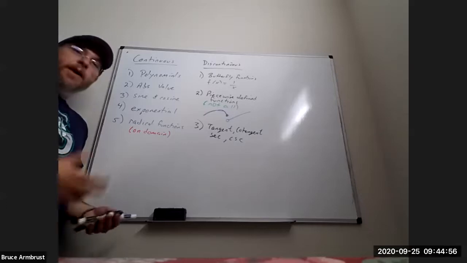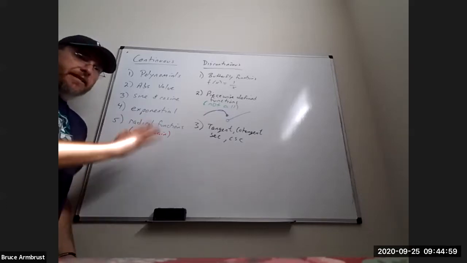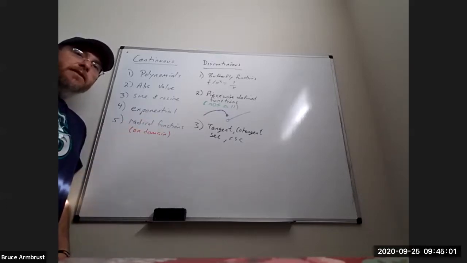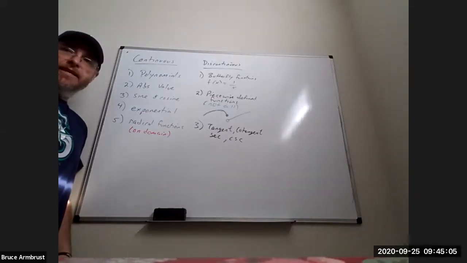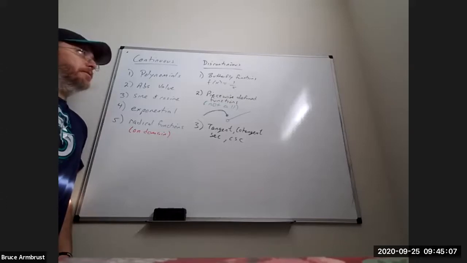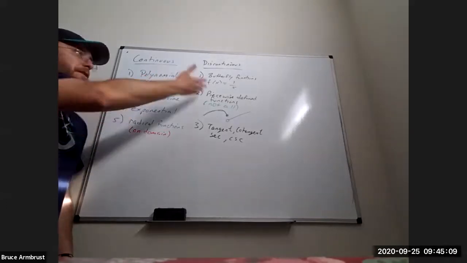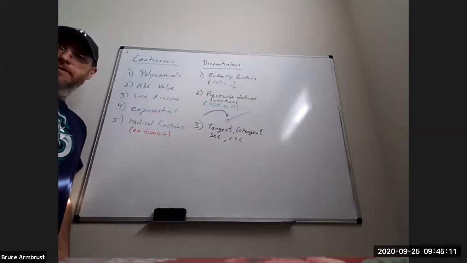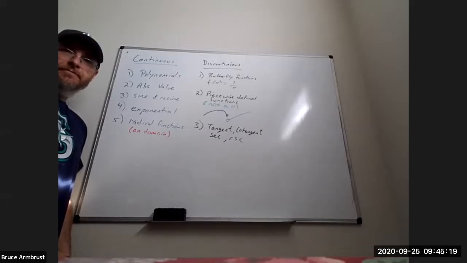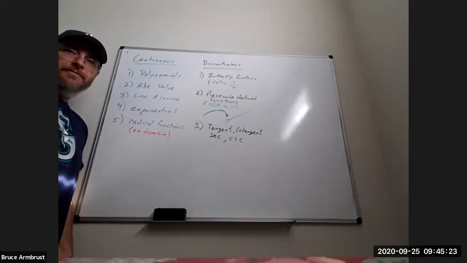Let's see. Ooh, how about this one? Because we haven't classified this one anywhere. What about logarithmic functions, like natural log? What do you think? Which one does it kind of fit more in, continuous or discontinuous? Okay, good.